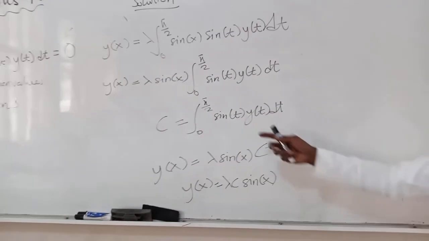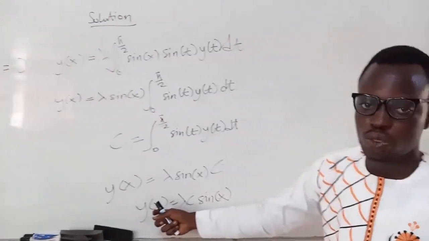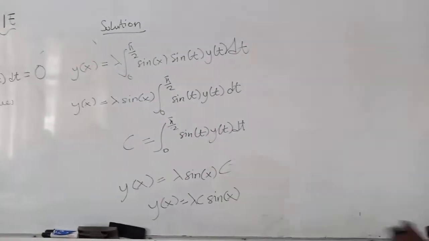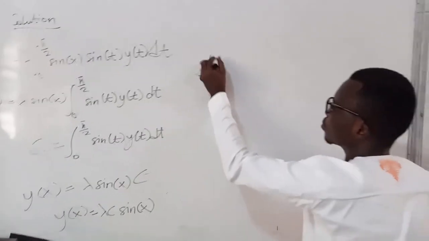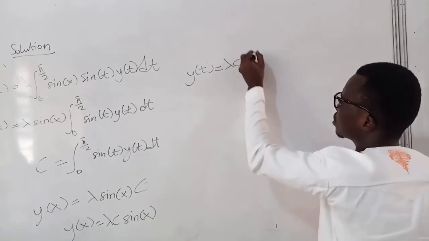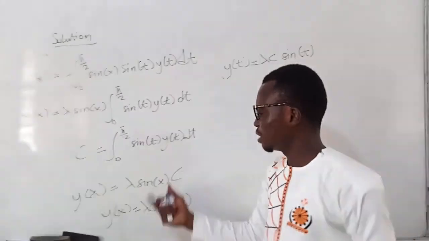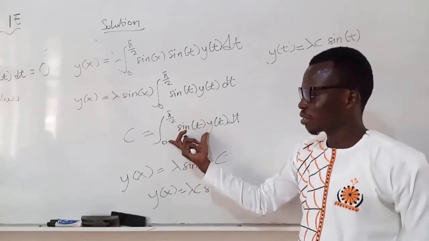So we are having y of t here. Let's change the s here to t. Now here becomes y of t is equal to lambda c sine t. And now let's substitute this y of t into this equation.